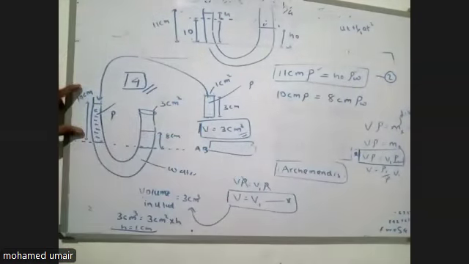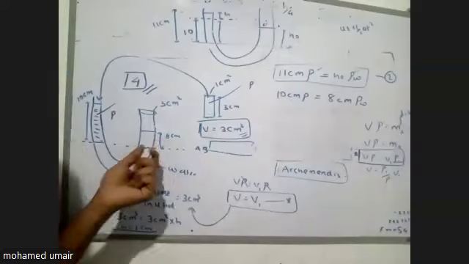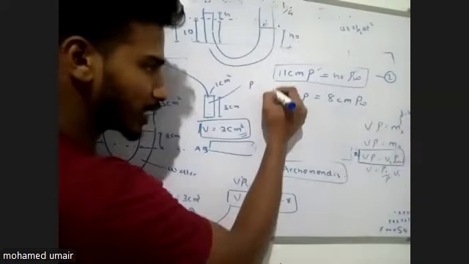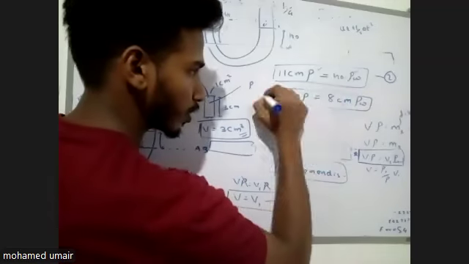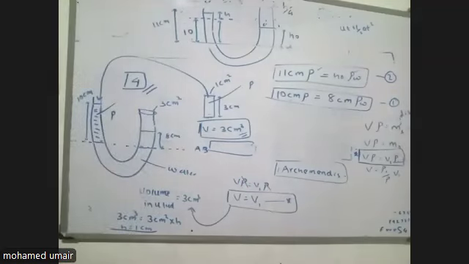So 10 centimeter times rho is equal to 8 centimeter times rho W. So I just obtained another expression from the first one. Okay. So these are my two expressions.